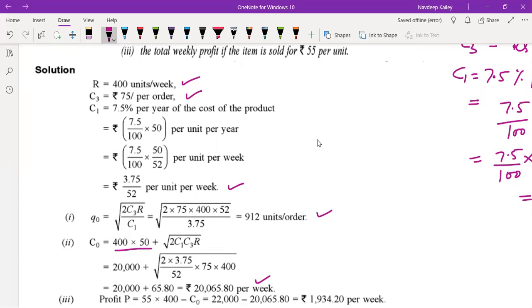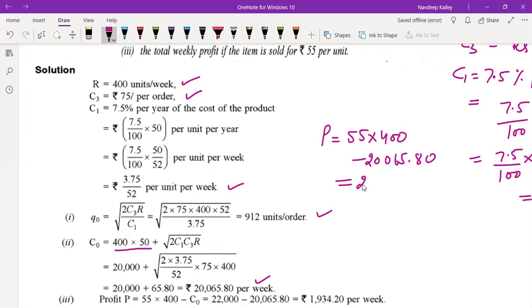Also, we have to calculate the total weekly profit if the item is sold for rupees 55 per unit. Now, profit P is given as we have 400 items. Therefore, the selling price for 400 items is 55 into 400 minus cost price 20,065.80 rupees.